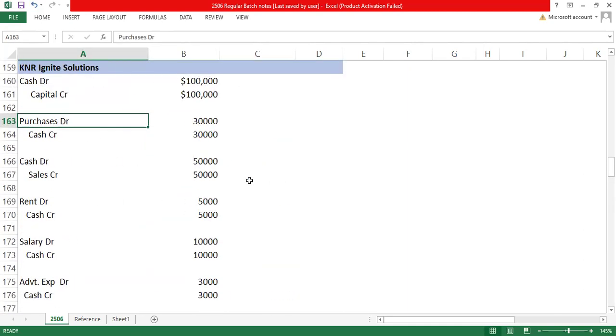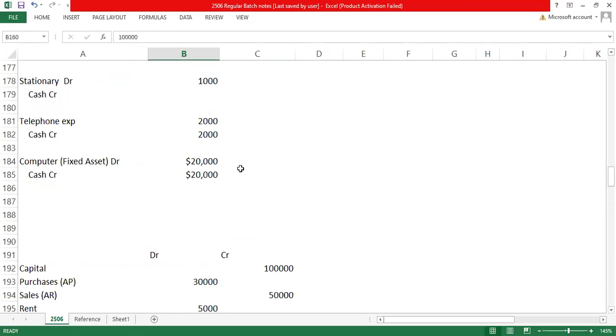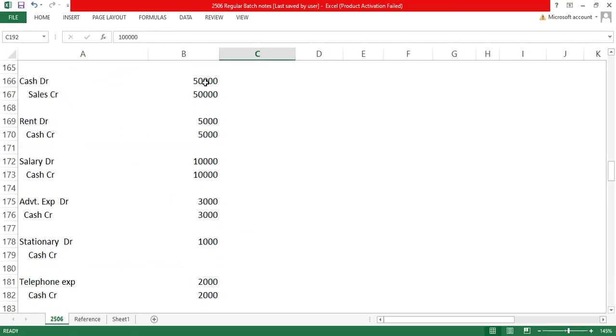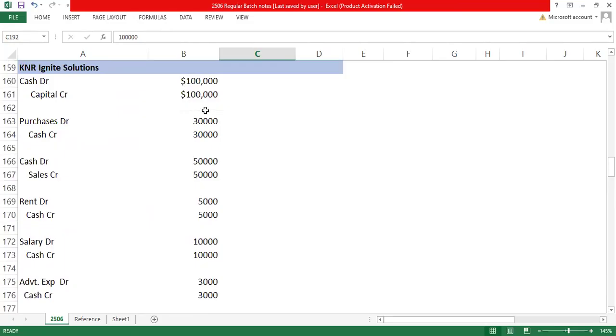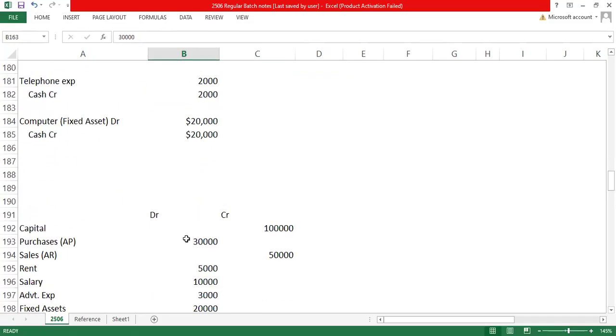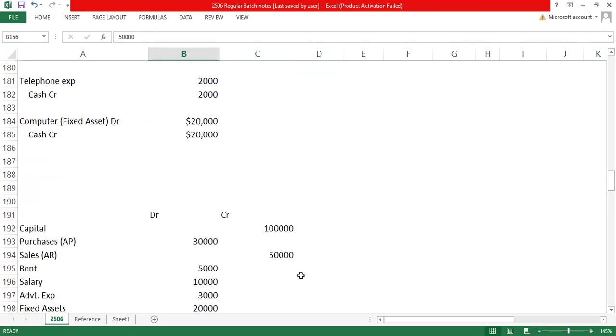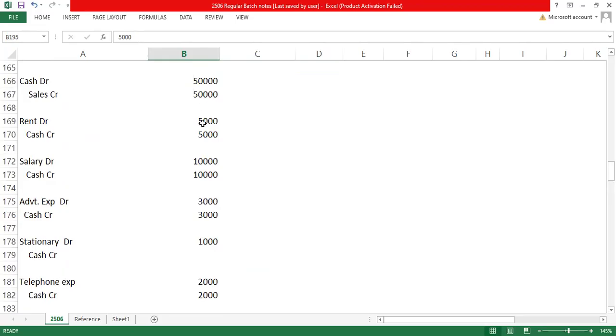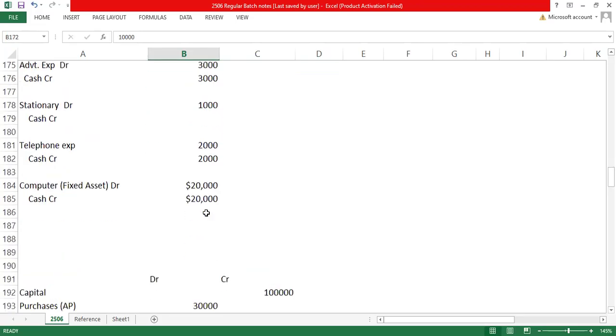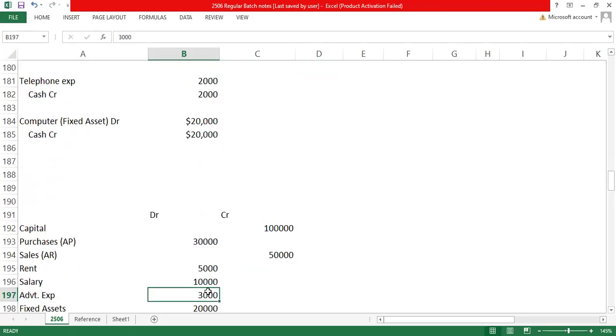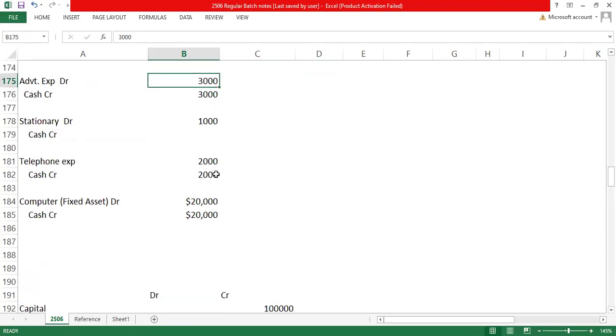Generally, whenever we prepare a debit and credit, I have all these transactions. Let us check whether we missed anything. 100K is what I have here. Fine. Another 30,000 transaction of purchases. Yes, we updated. And sales 50,000, we updated. Rent 5,000. Salary is 10,000. Everything looks like we updated, but still it is not matching.